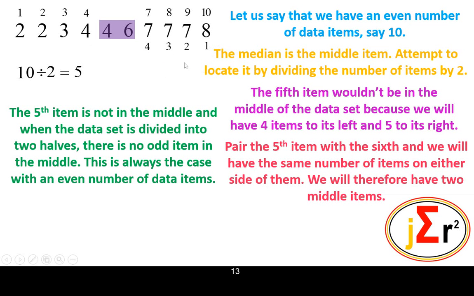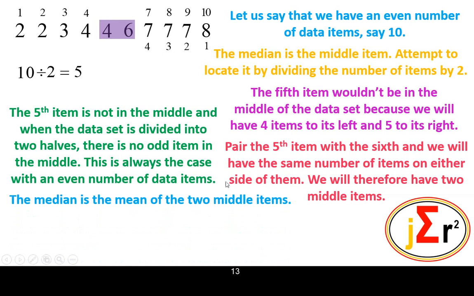So what we will have now is 2 middle items. How do we know? Because the number of items on either side of these 2 middle items is the same. So we have 4 on the left and 4 on the right. So we are sure that these 2 items are in the middle.